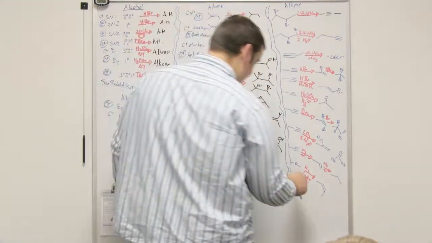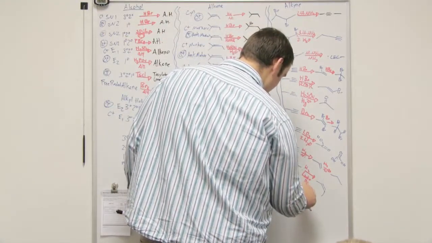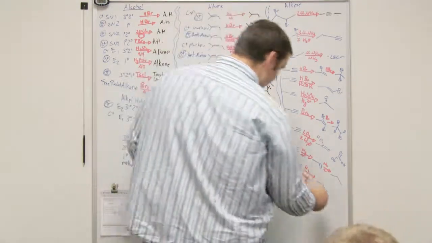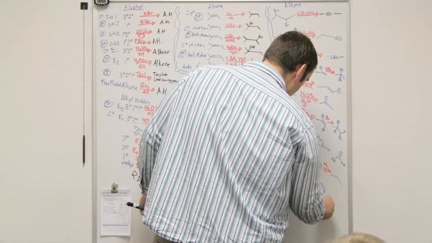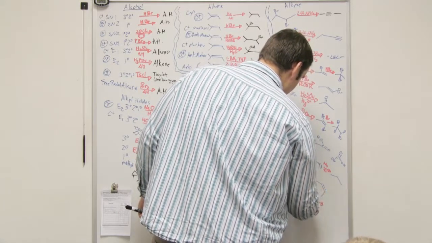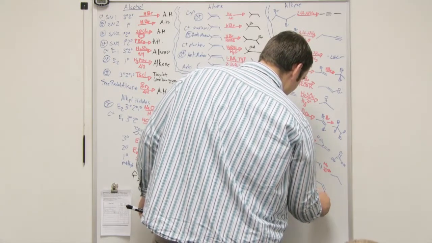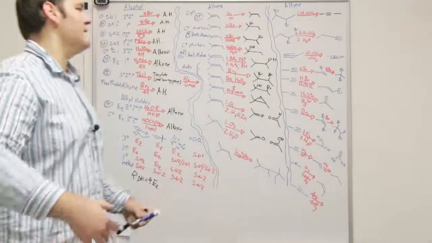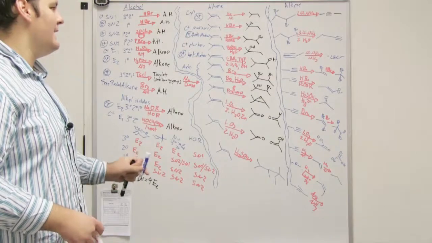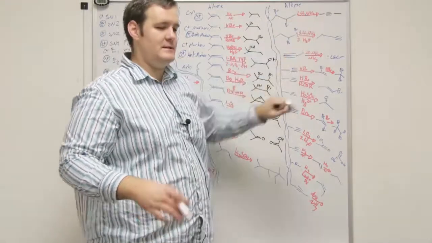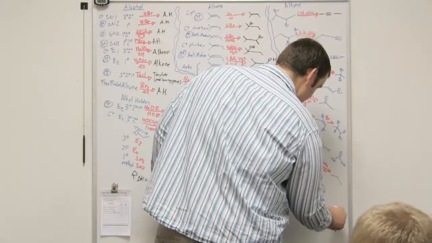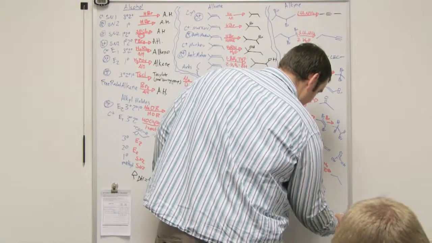Whereas if we add, this is kind of weird, to get it to stop at trans, you have to add Na with NH3. This gets confusing. It's not NaNH2 like these guys were, it's just Na, comma, NH3. And then we get our trans double bond.